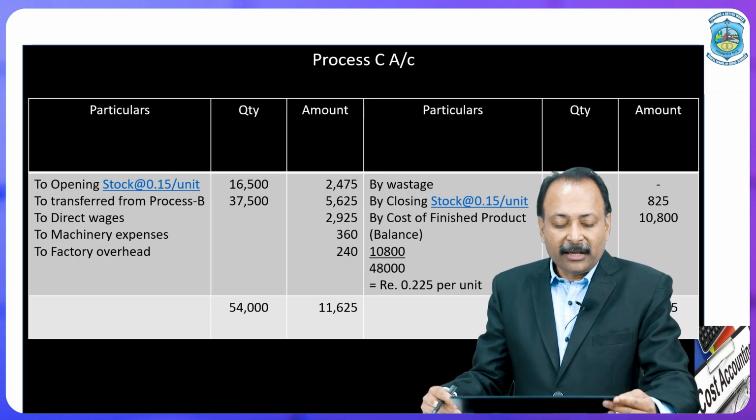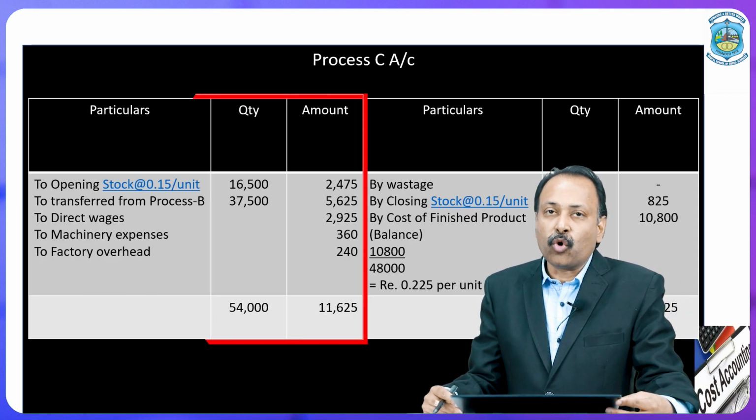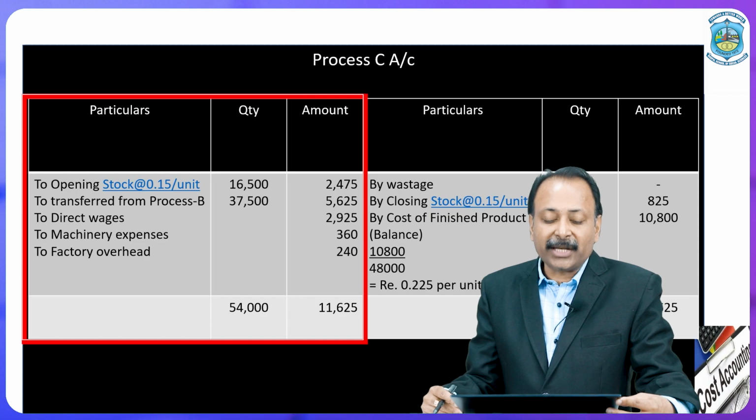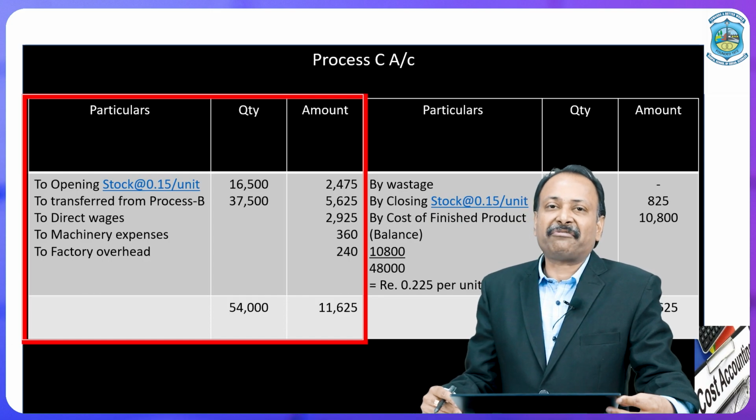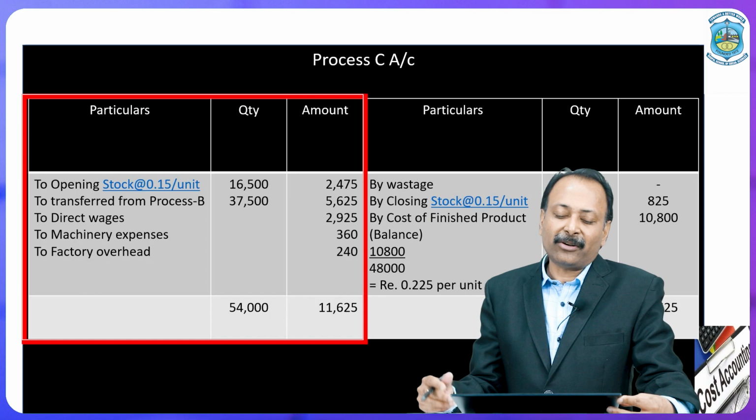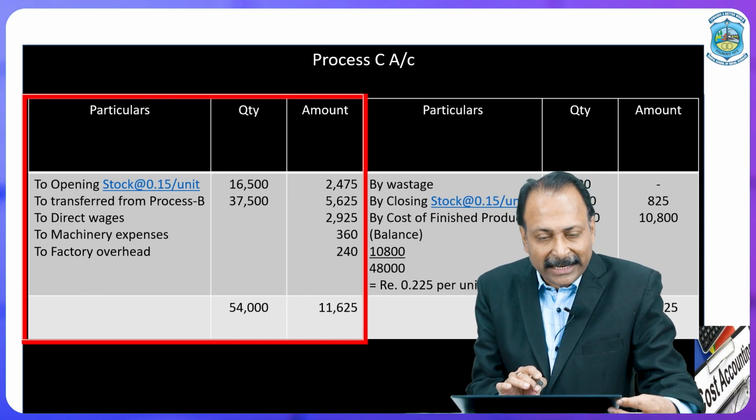Begin with process C. First of all, we have to mention the opening stock, which is given in the question, 16,500 units. We know the rate, that is 15 paise per unit. So 16,500 multiplied by 15 paise per unit, we get the amount, that is 2,475.